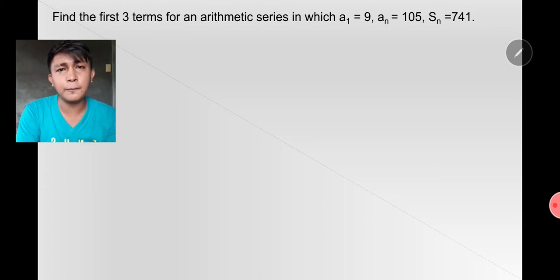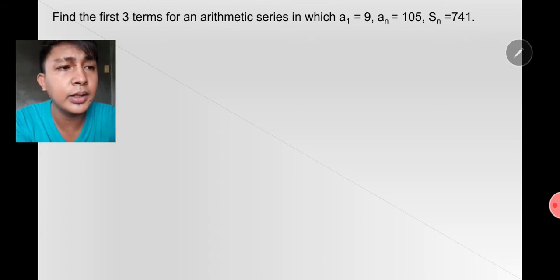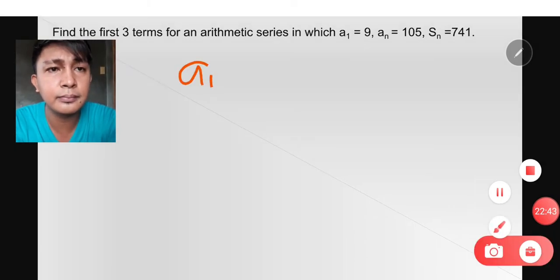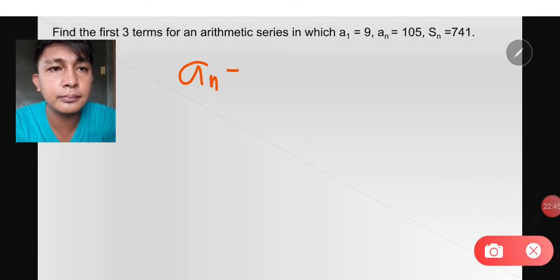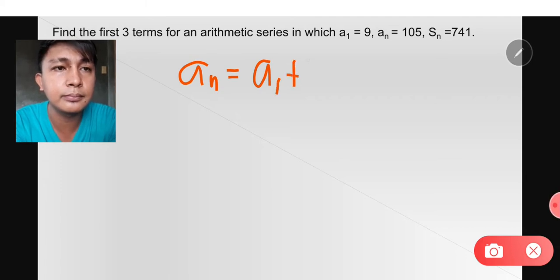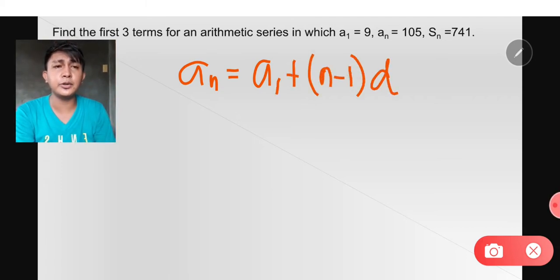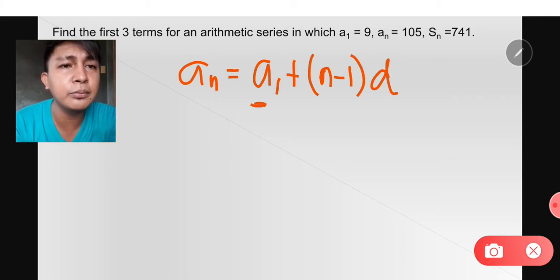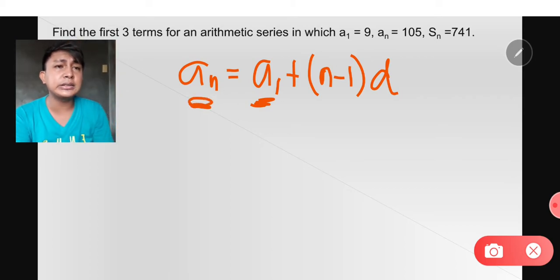Sa ating formula ng a sub n is equal to a sub 1 plus n minus 1 times D. Ano ang meron? We have a sub 1, we have a sub n. Wala tayong n at saka D. Paano natin masasagutan?